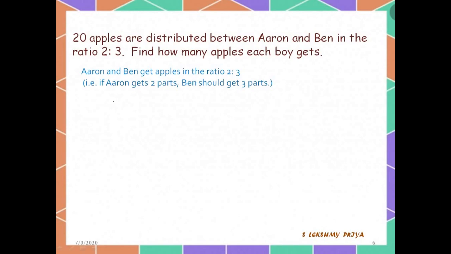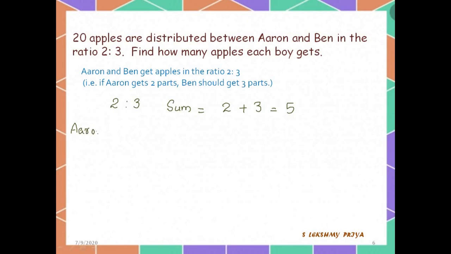So the ratio given is 2:3. We have to find the sum of the terms in the ratio. The sum is 2 plus 3, it is 5. Now we need to find how many apples each boy gets. Let's take Aaron. You know that the order is very important in a ratio.